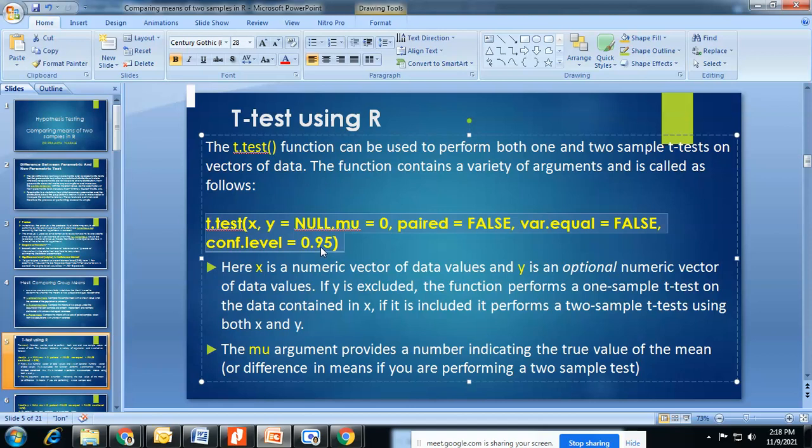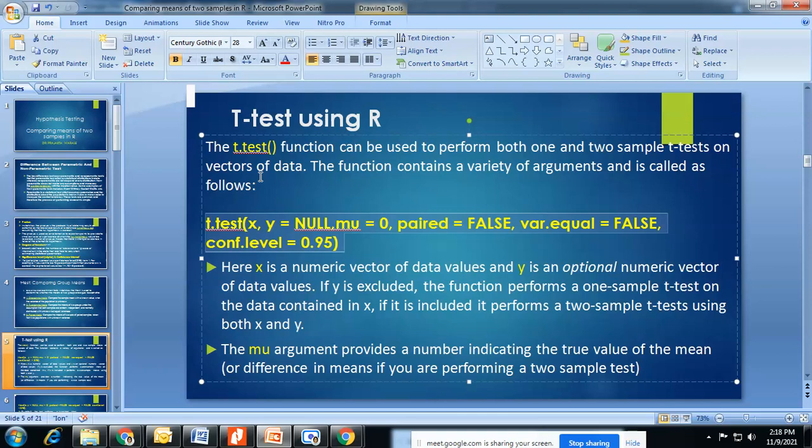Here x is the numeric vector of the data involved, and since it is a one sample t test, we have defined y as null. Y is equal to null means it is an empty vector. It does not have any value, not even 0.